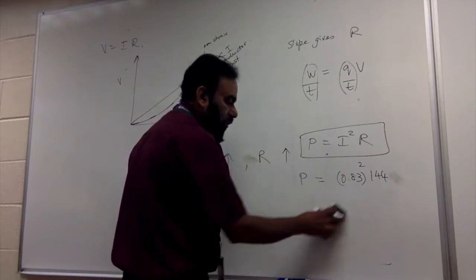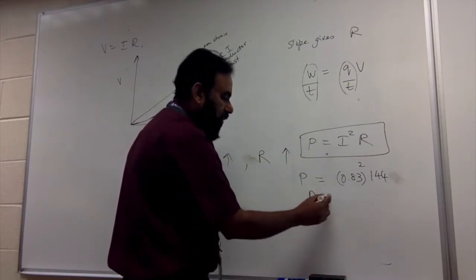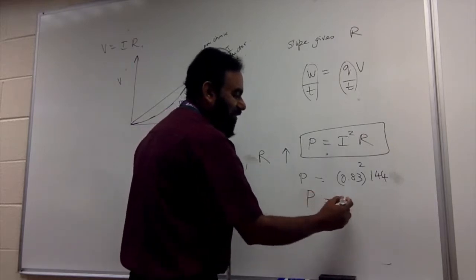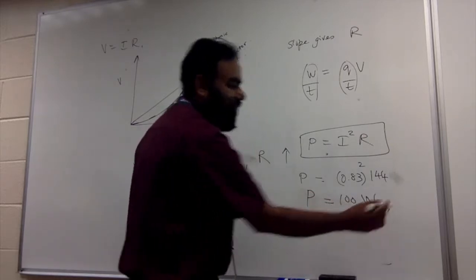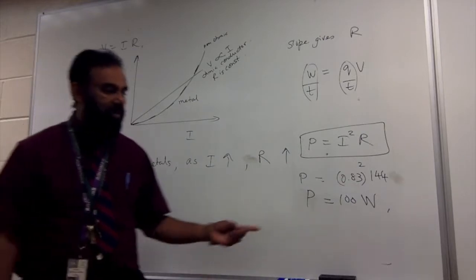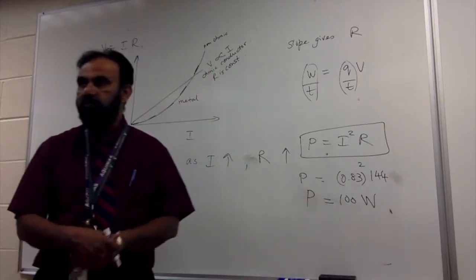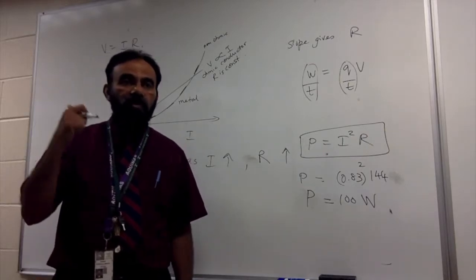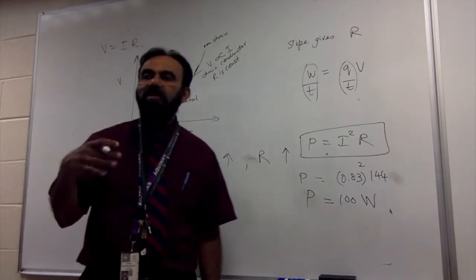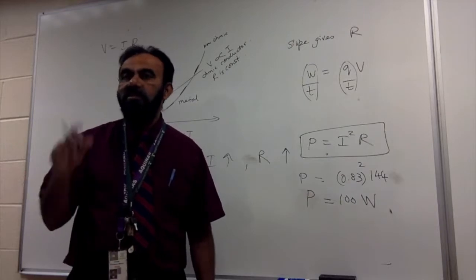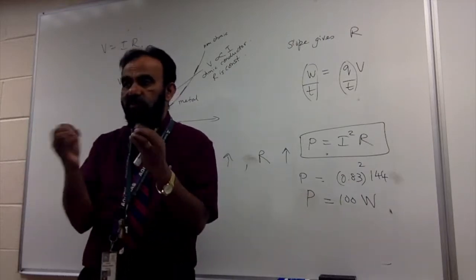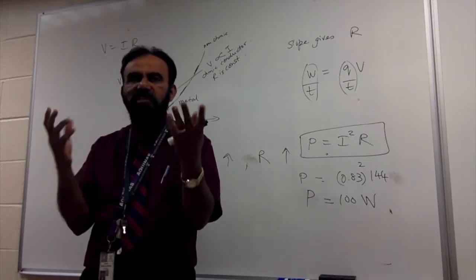You already know the value, so that's what you're going to get. So power is equal to 100 watts. So you know the power, the rate of energy dissipation is 100 watts. That means what? 100 joules it is spitting out every second in the form of light, heat, mostly heat.